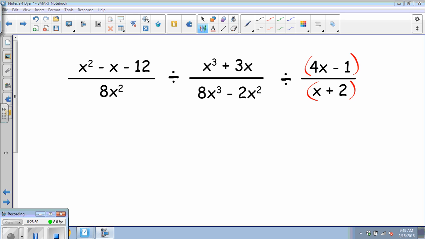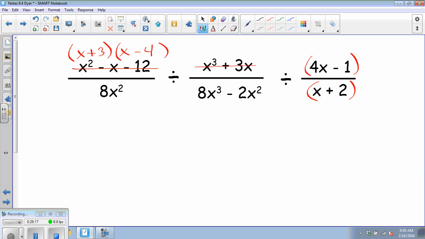Okay, so let's factor each of these pieces before we flip it. So this, when I do the AC method, 4 and 3, one of them has to be negative. My larger one needs to be negative because when I combine them, it has to equal negative 1. So it's negative 4 and positive 3, right?